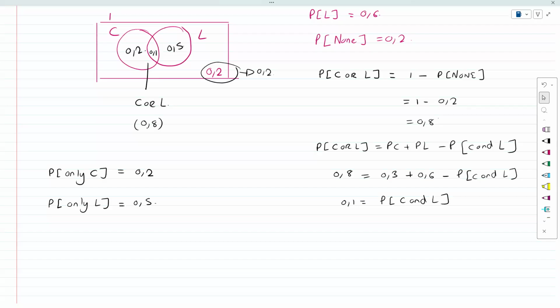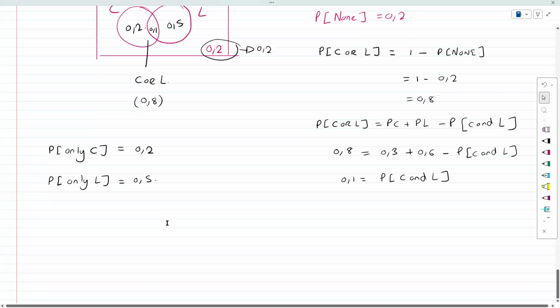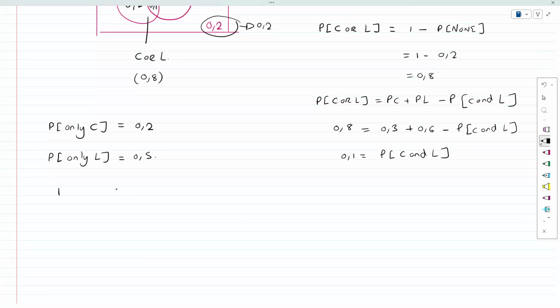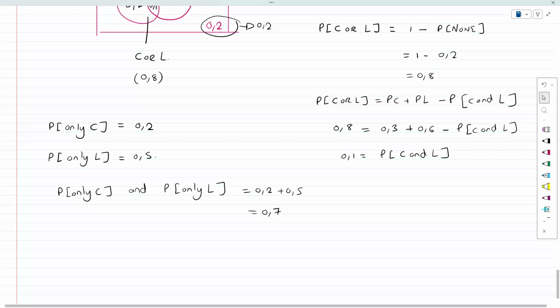And now the probability of OR would be very simple. How would we get the probability of OR? It's quite simple, because the probability of only C plus the probability of only L equals 0.2 plus 0.5, so 70% of the people like only one.